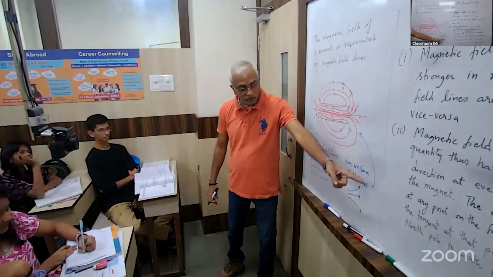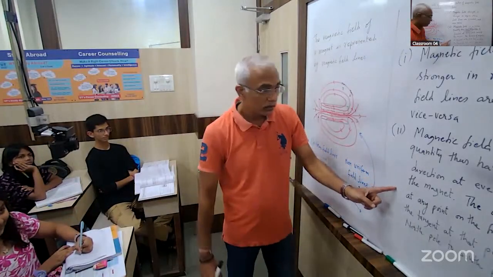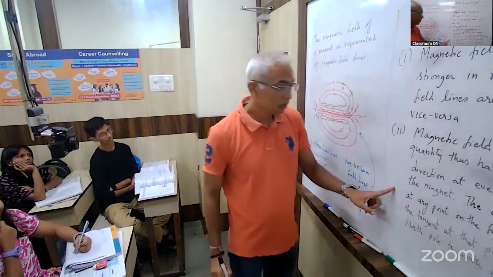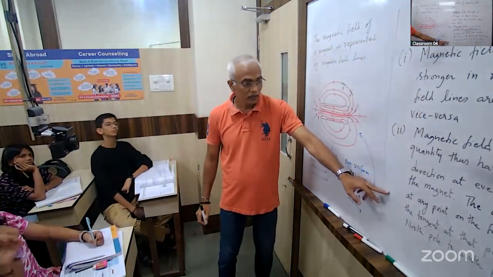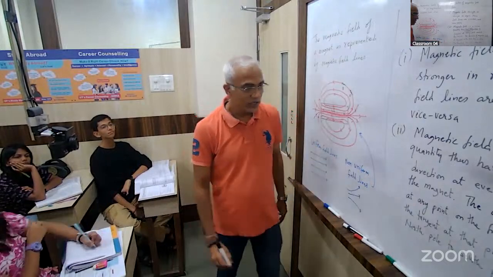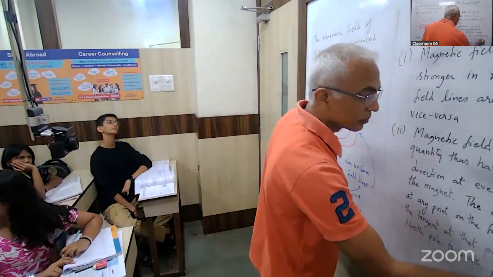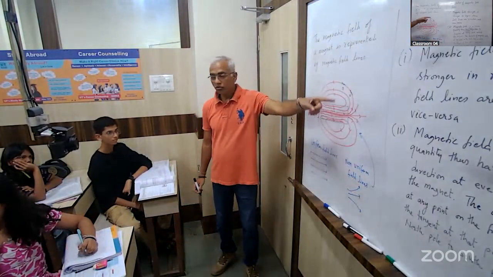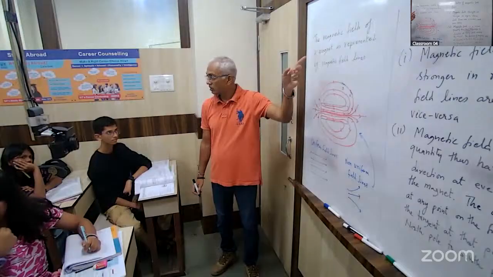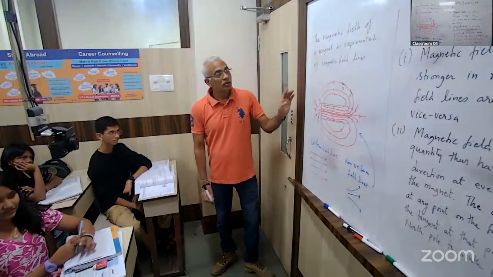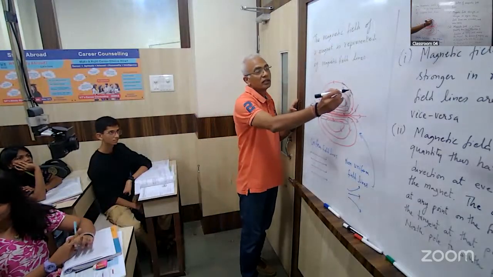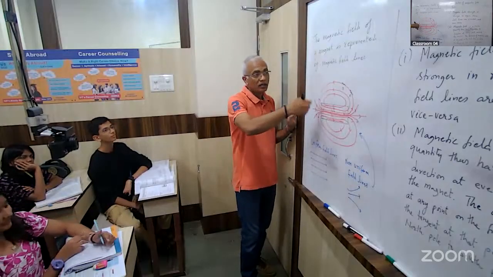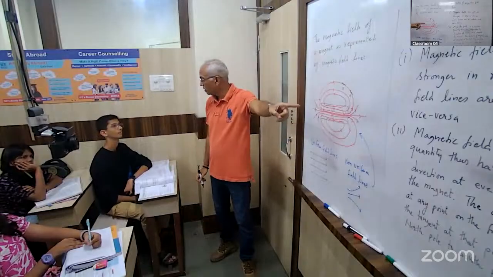The direction of the magnetic field at any point on the field line is along the tangent at that point, going from north pole to south pole. The direction is always from north to south. So obviously the direction here is somewhere else, here it is different. Unless the direction changes, the loop will not be formed.